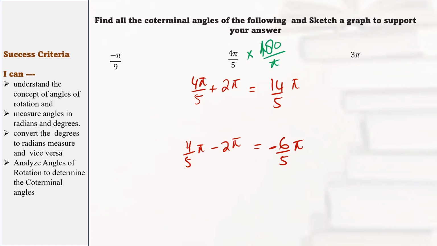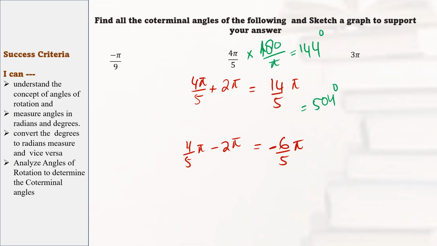On multiplying by 180 over pi, I get 4 times 180 divided by 5, which is 144 degrees. If I write here 14 by 5 pi, in that case I will get 504 degrees.